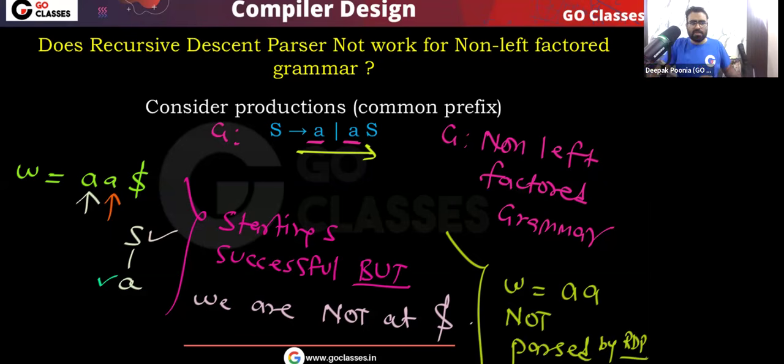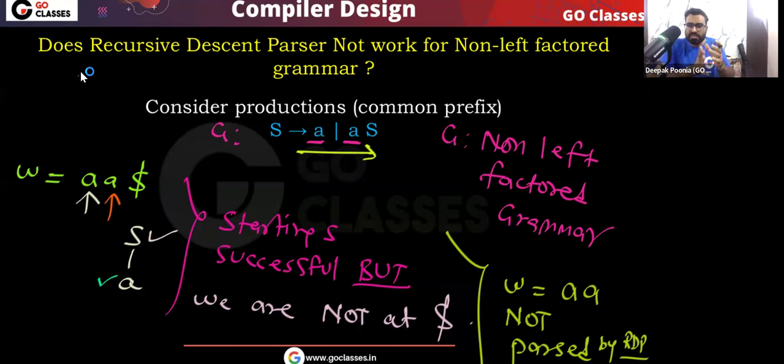Is this clear? So very simple. I hope you understood this point. So basically, in this recursive descent parser, this is the same grammar as the previous example. But if you change the order of the production, then the RDP may or may not work.